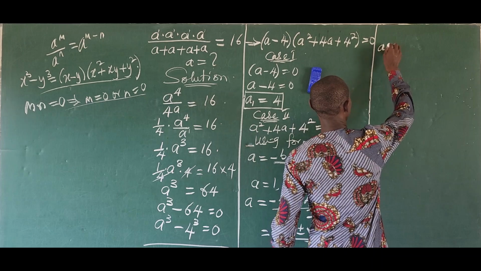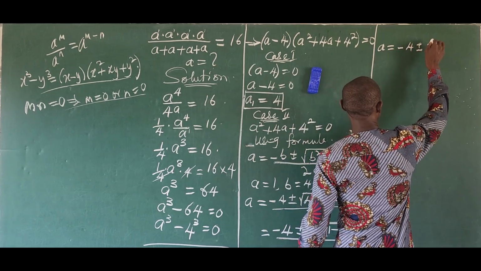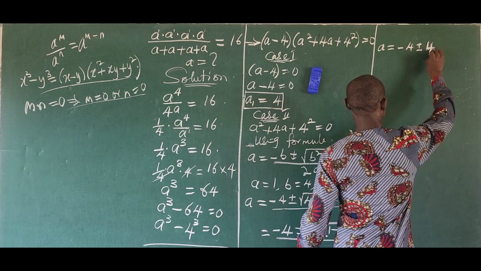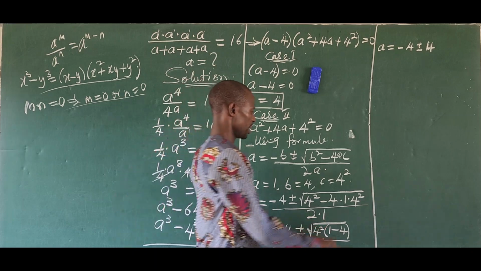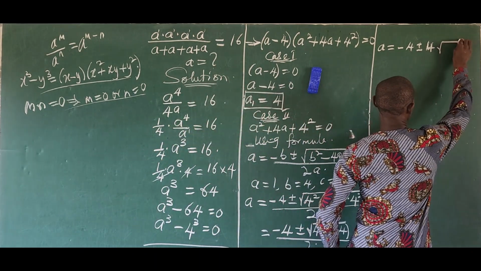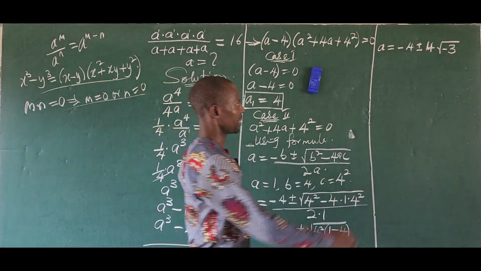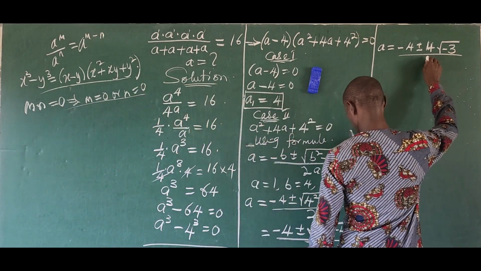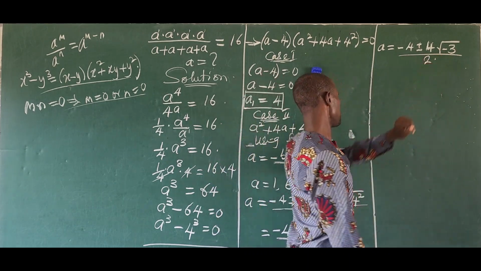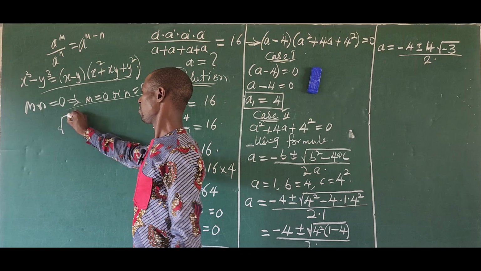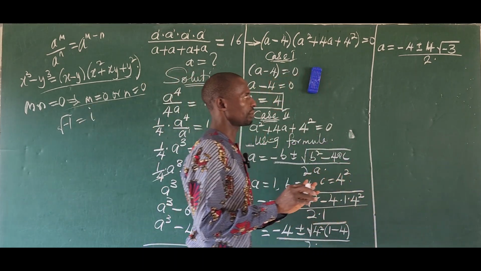So a = -4 ± 4√(1 - 4), and 1 minus 4 gives us -3, all over 2. Wow. Remember that the square root of -1 is equal to iota, so we can bring iota into the system.